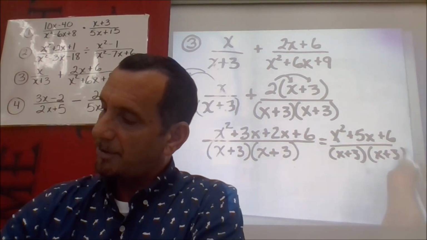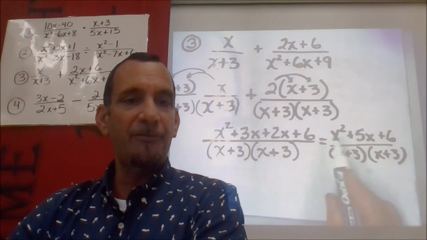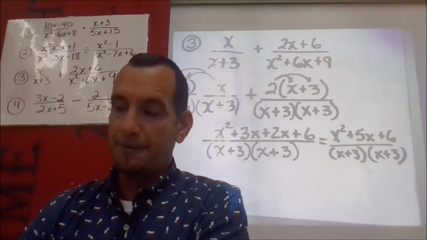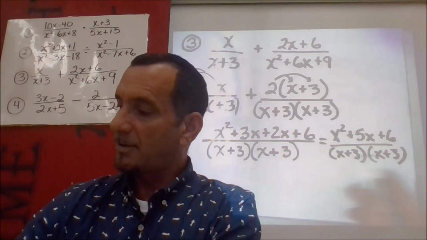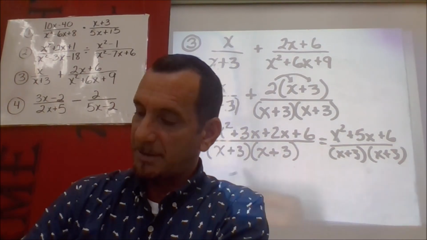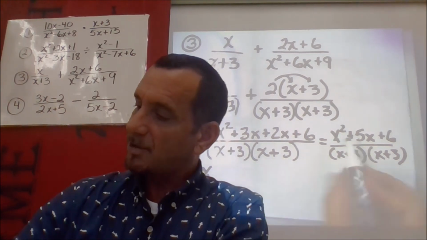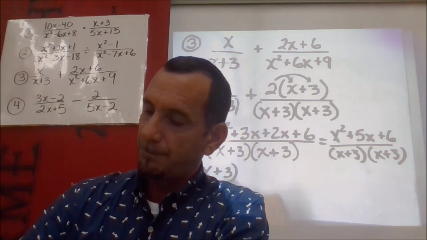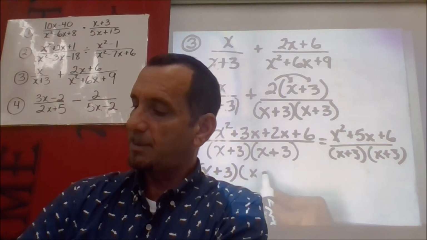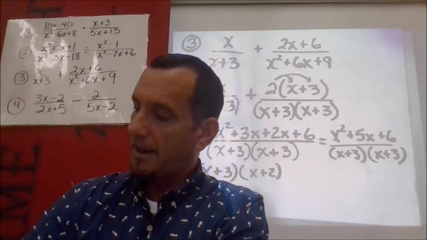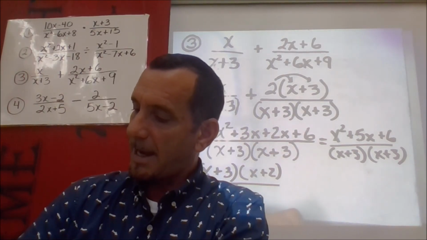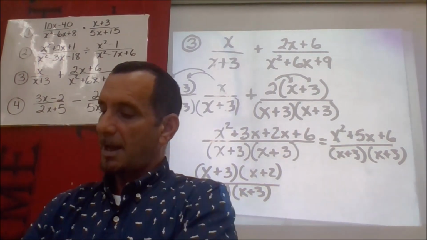times x plus 3. Can I now factor this expression to see if it will cancel, simplify with any of those x plus 3 expressions? X squared plus 5x plus 6 is x plus 3 times x plus 2, and that's all over x plus 3 times x plus 3.